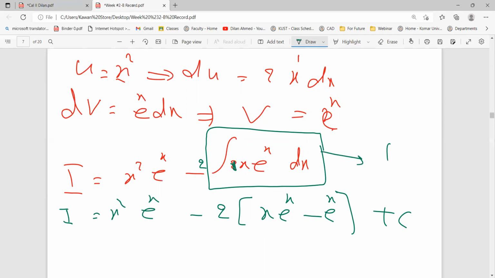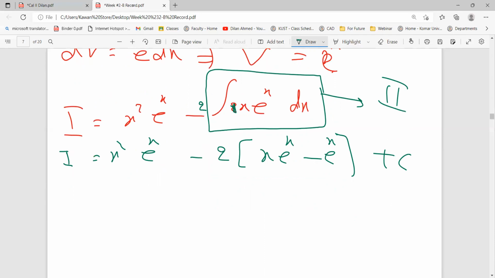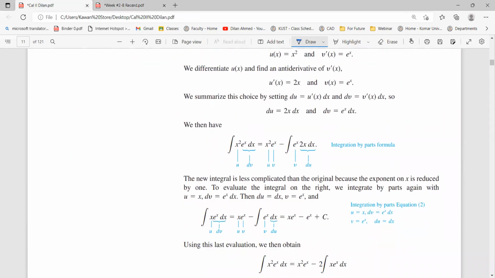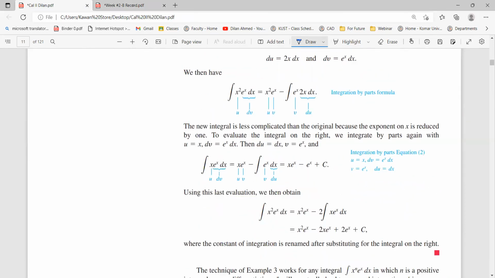You can call that a double I and solve again. In an exam, if I bring something like that, you need u dv two times. The first you do, the second you should solve too.